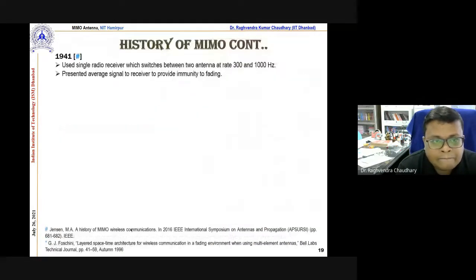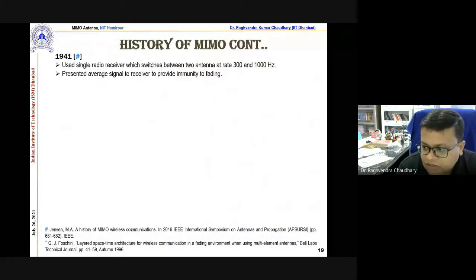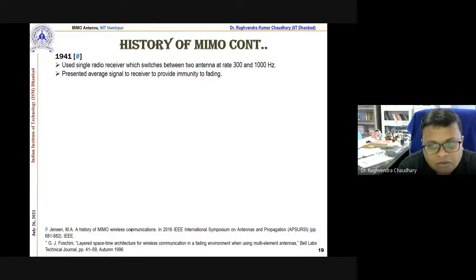Then a lot of things happened, and some of the important developments: from 1941, a single radio receiver which switches between the two antennas, and they presented averaging the signal at the receiver to provide immunity to fading.